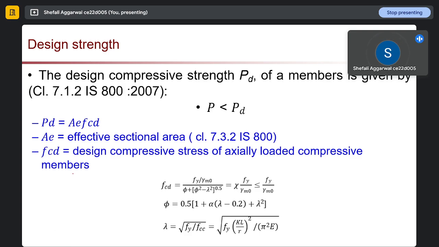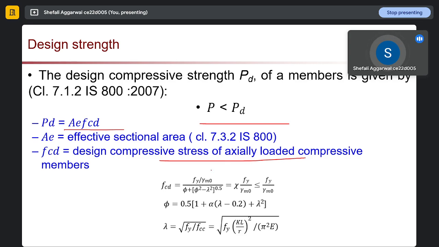So the next thing is how to do the design strength of our compression member. As we have been studying since the first week, our strength should always be less than or equal to the design strength of our system. In the same way, we use P should be less than PD, where PD is given by the effective area AE into FCD, where AE is the effective cross-sectional area and FCD is the design compressive strength.